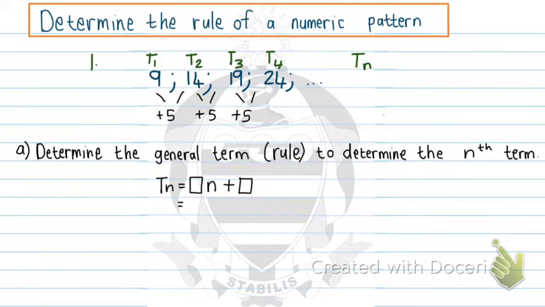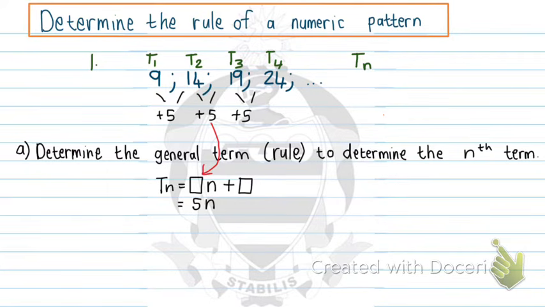In the place of the first block, I need to put the constant difference. The constant difference in this case is 5. So first I have Tn equal to 5n, and then I still need something for the last block.